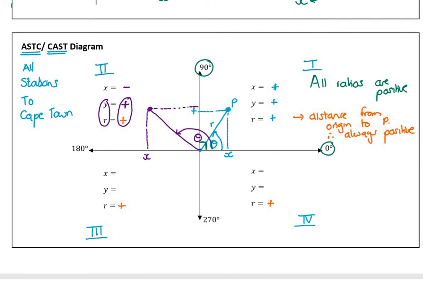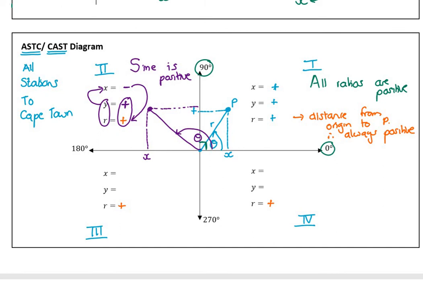So sine is positive in this quadrant. Now you'll notice x is negative. That means that any ratio involving x will automatically be negative because everything else is positive. So cos, for example, would be a negative divided by positive, which is negative. Tan would be a positive divided by negative, which is negative. So the only ratio that's positive in this particular quadrant is sine. So I hope you see where we're getting this ASTC from.